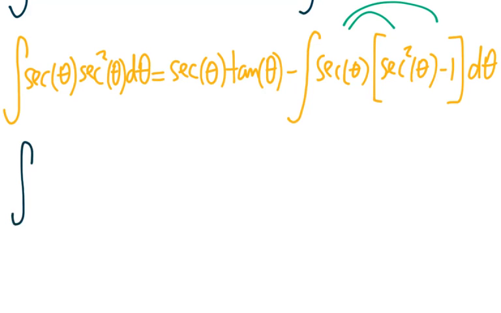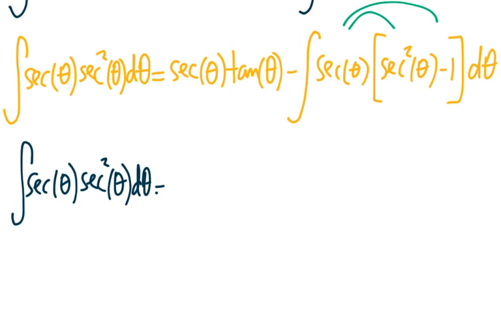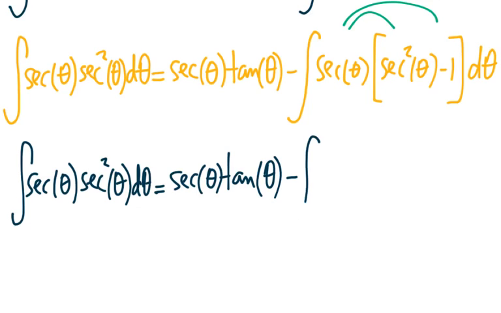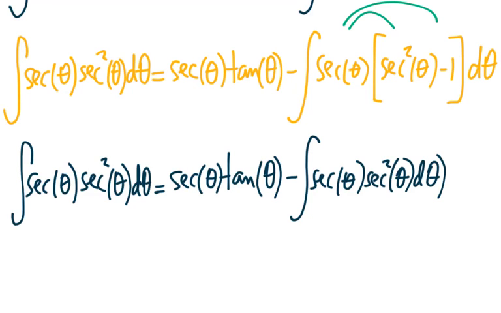We have the integral of secant theta, secant squared theta, that's what we're looking for, d theta, is equal to secant theta, tangent theta, minus another integral of secant theta, secant squared theta, d theta, plus the integral of secant theta, d theta.